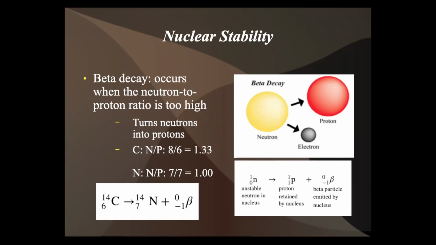And we can look at the neutron to proton ratio for carbon. That's 8/6, which gives you a ratio of 1.33. It becomes nitrogen, 7/7, a ratio of 1. And so we can see how the ratio changes. So if we need more protons and we need to get rid of neutrons, then this happens.